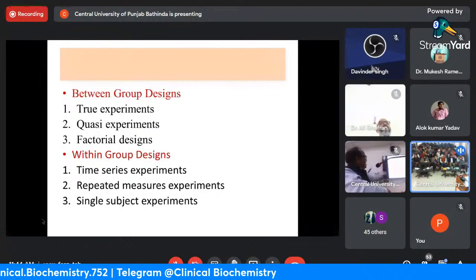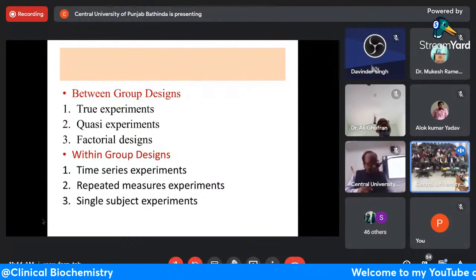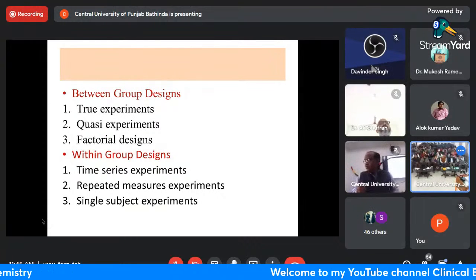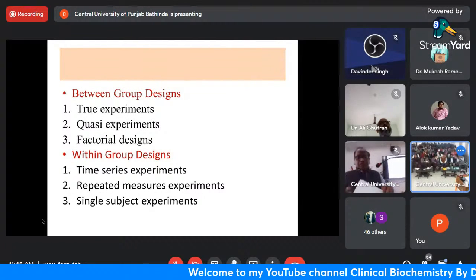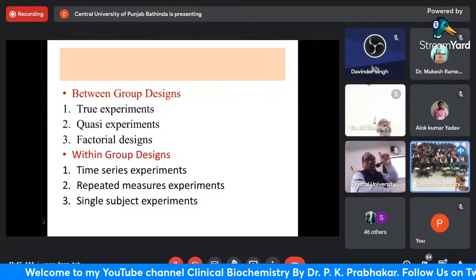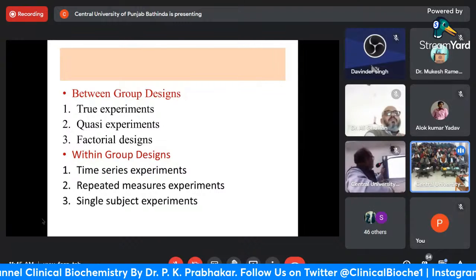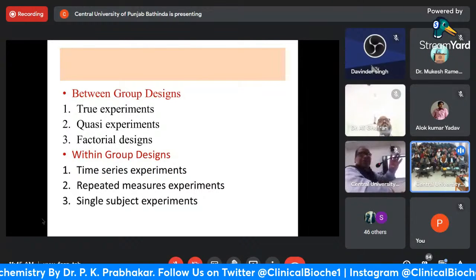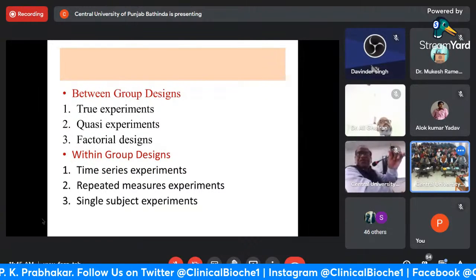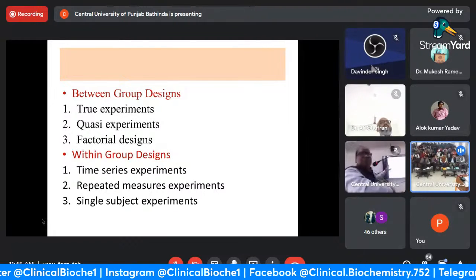Different designs are there, and sir was indicating that time is short. So what to do? Anyway, just give me 2 to 3 minutes, I'll try to wind up the matters. In the experimental design aspects, we have between-group designs as well as within-group designs.